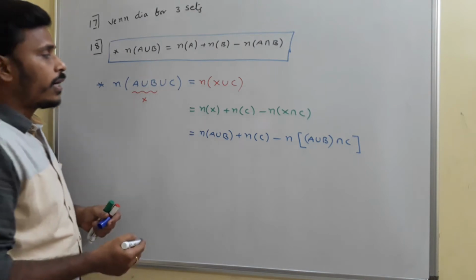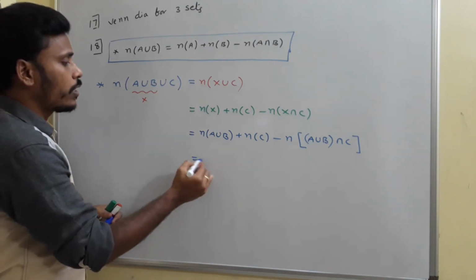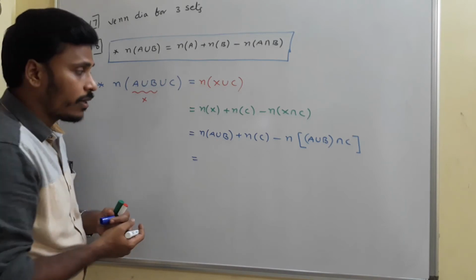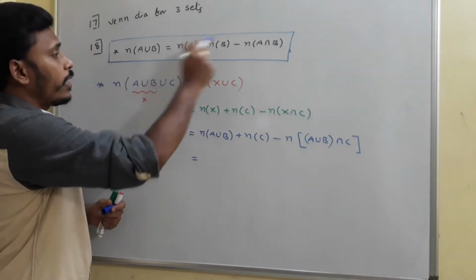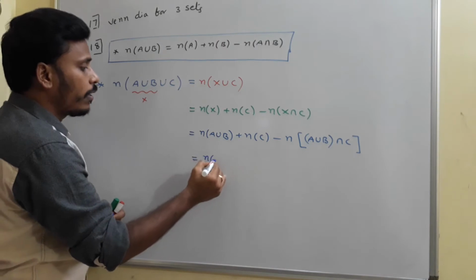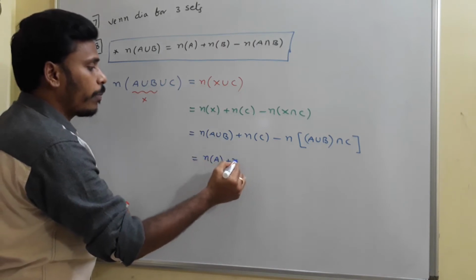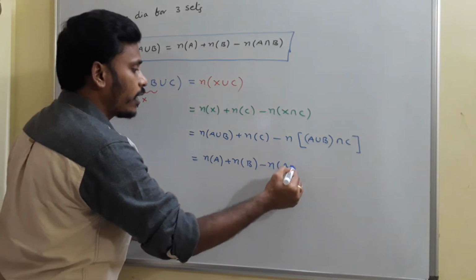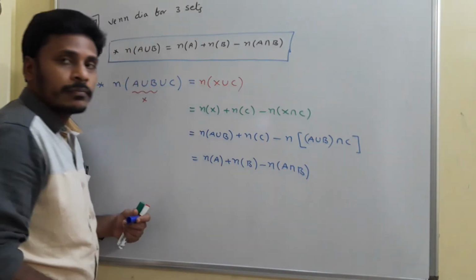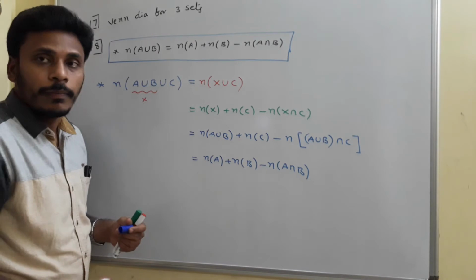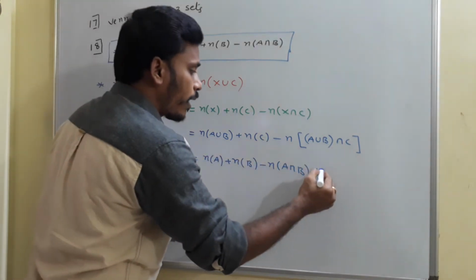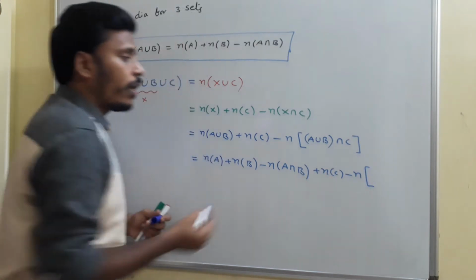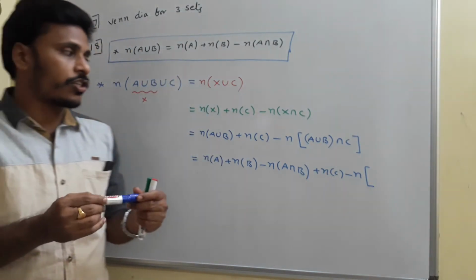Right. And then n of A union B, by the above formula, can be replaced by n of A plus n of B minus n of A intersection B. And then I have plus n of C minus n of A union B intersection C.